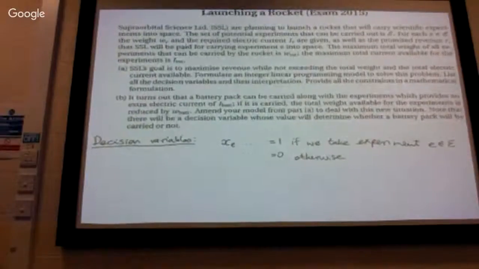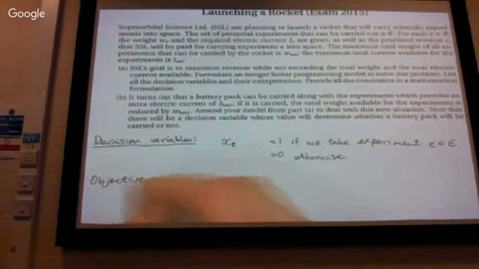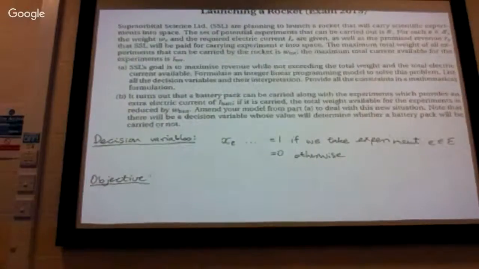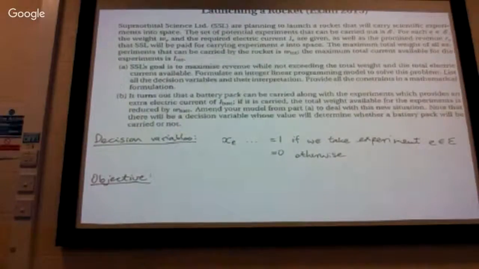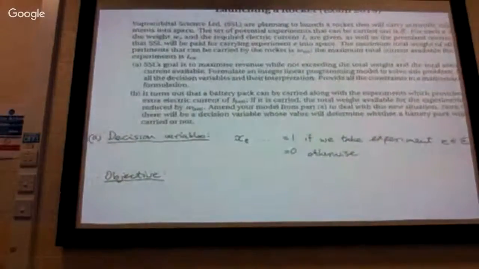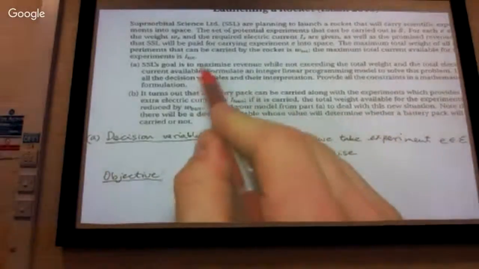So the objective, just for part A. Well, somewhere it gives the objective away, doesn't it? You want to maximize revenue.